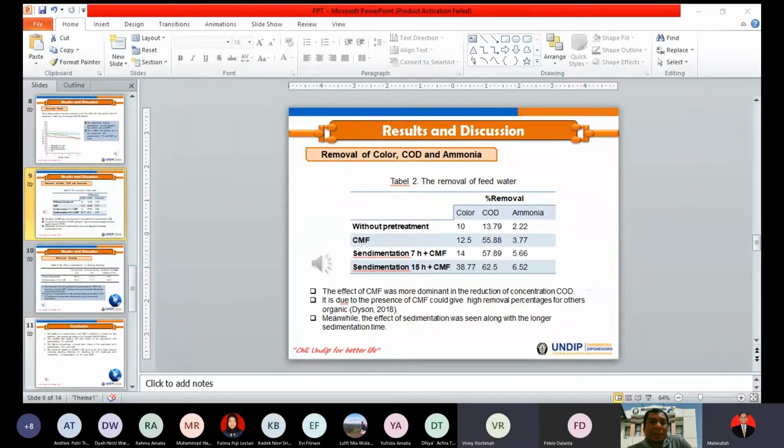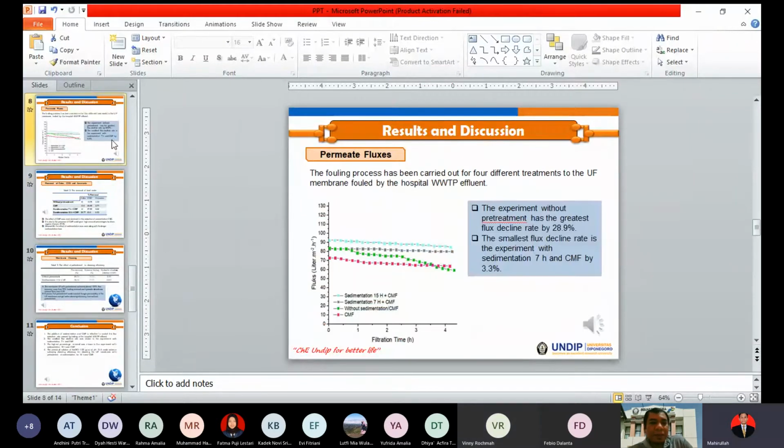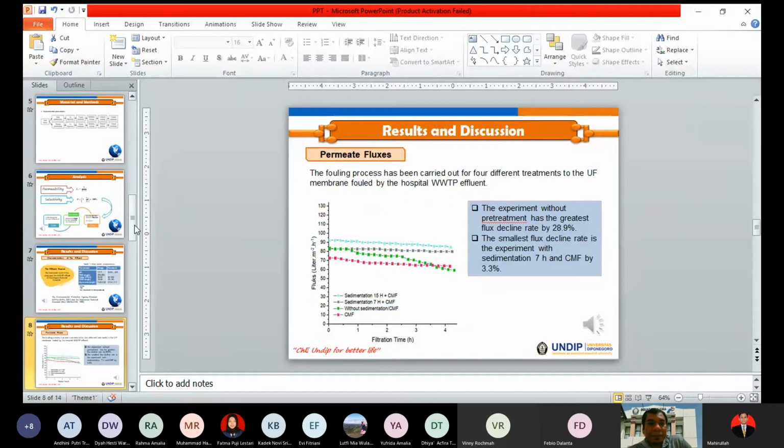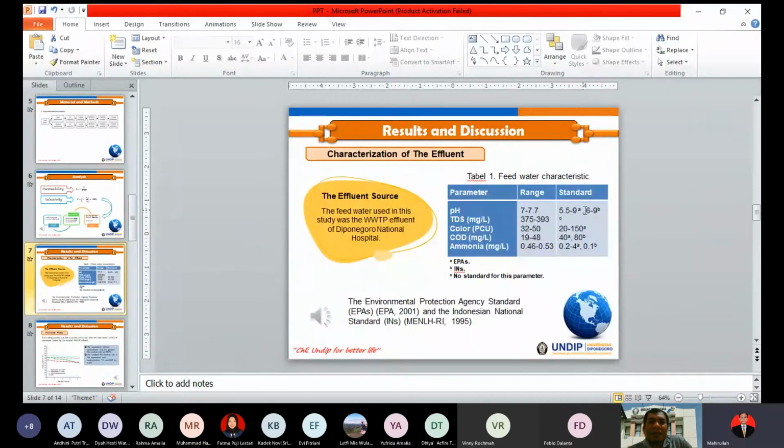Okay, we can check table number one. I would say something for you. Actually, if we check this wastewater against the standard, there is no problem with the waste. If you check the standard, let's say the pH, the Environmental Protection Agency, the EPA, suggests that the pH is within 5.5 to 9.